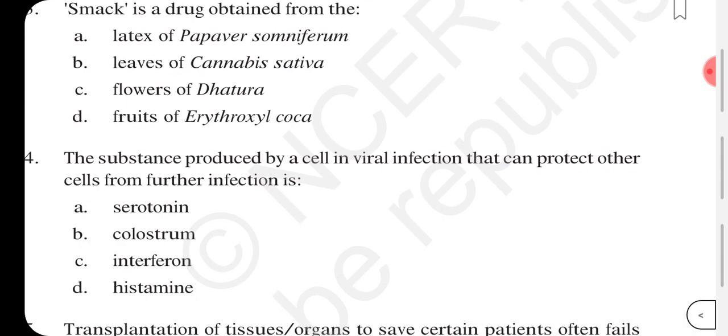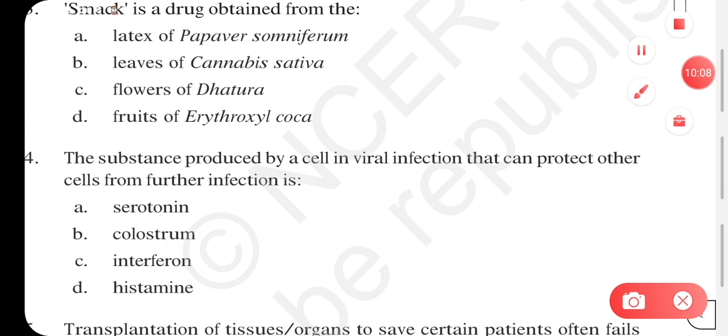Moving on to the next one, the substance produced by a cell in viral infection that can protect other cells from further infection is serotonin, colostrum, interferon, or histamine. So here the substance produced by a cell in viral infection that can protect other cells from further infection is called interferons.